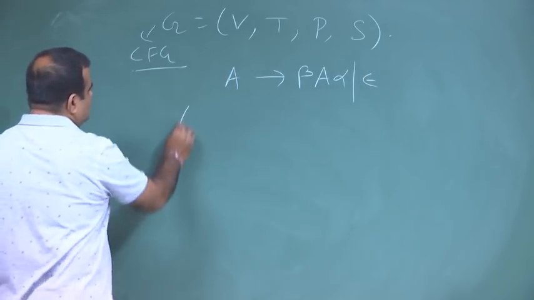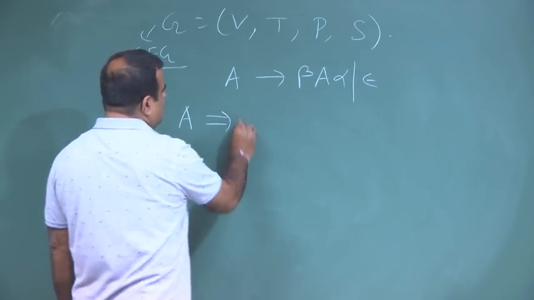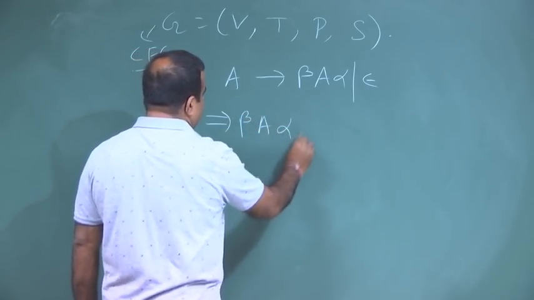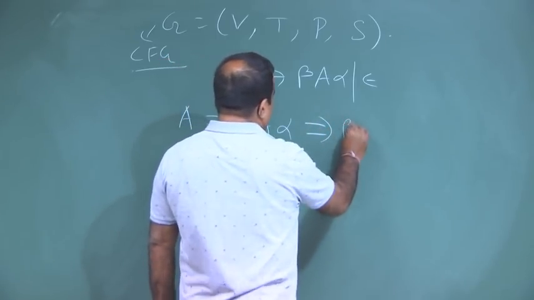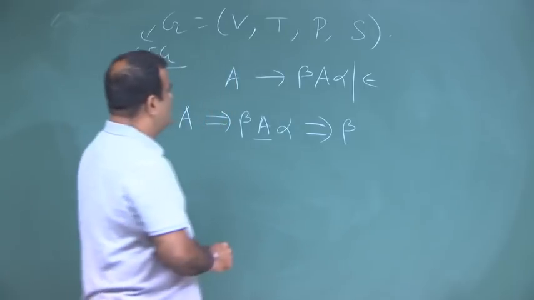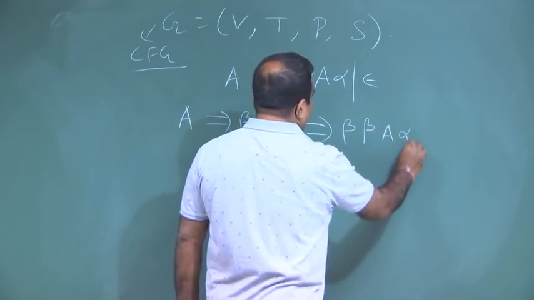We can start deriving. A goes to beta A alpha, then again beta beta A alpha alpha.